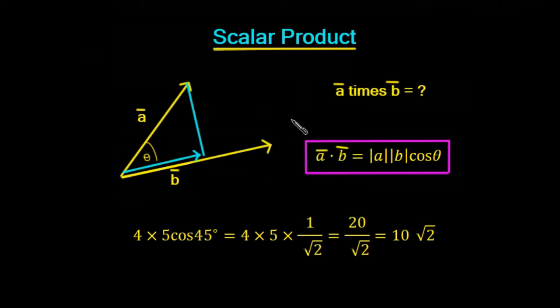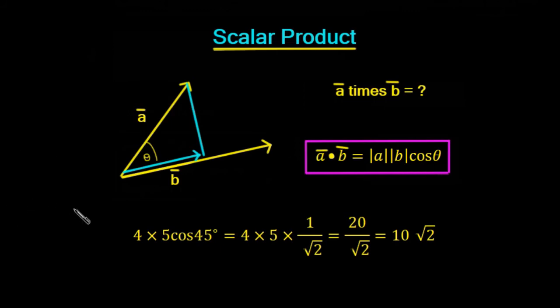The scalar product is also called the dot product. So A dot B is going to equal AB cos theta, or the length of A times the length of B times cos of theta.